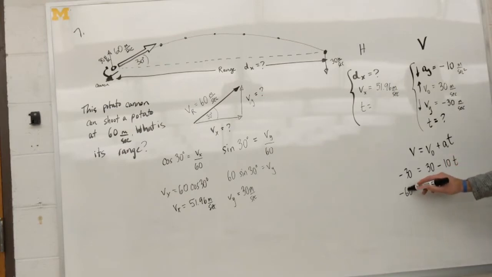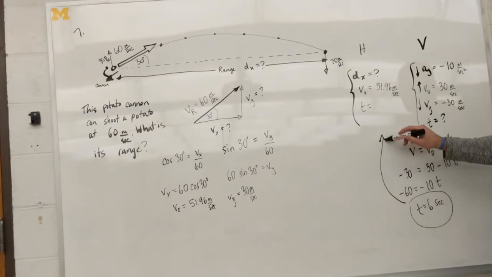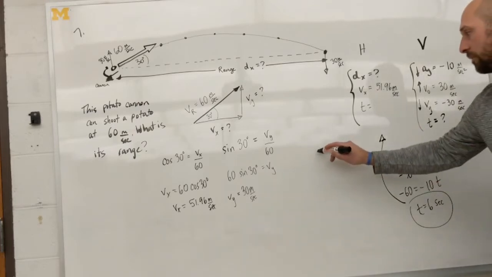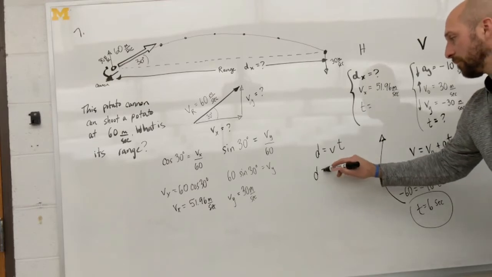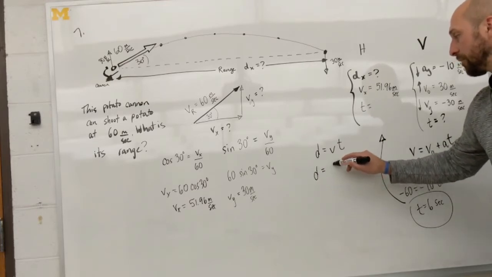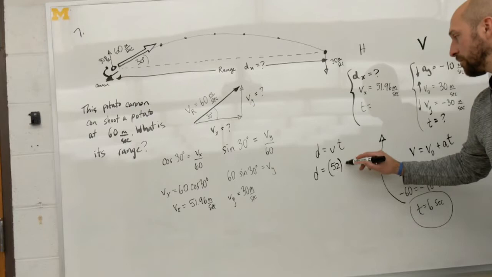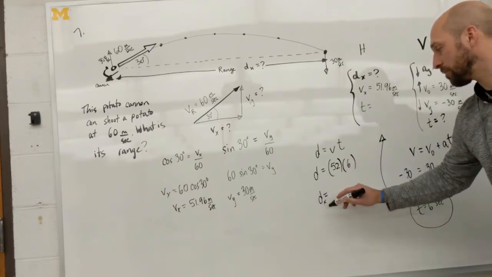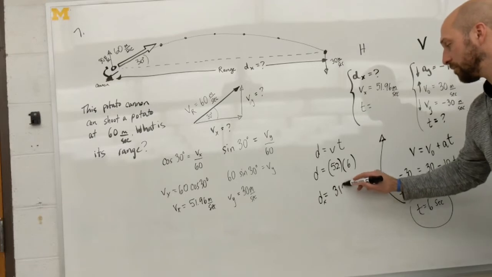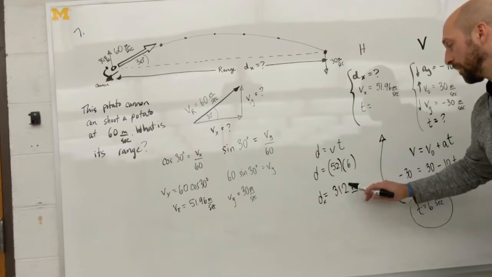This is -60 equals -10t, and t comes out to 6 seconds. If we substitute that into d equals vt for our horizontal motion, and round this to 52, times 6 seconds, we end up with a range, horizontal distance, of 312 meters.